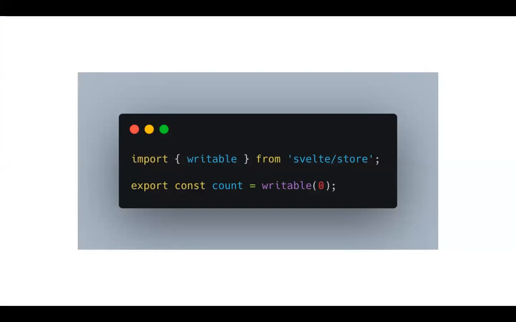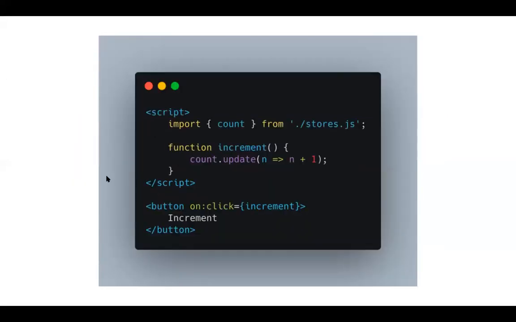This is an example of a writable store in Svelte. The Svelte package gives the store, and we can import the writable API for writable stores. And this is an example of using this store.